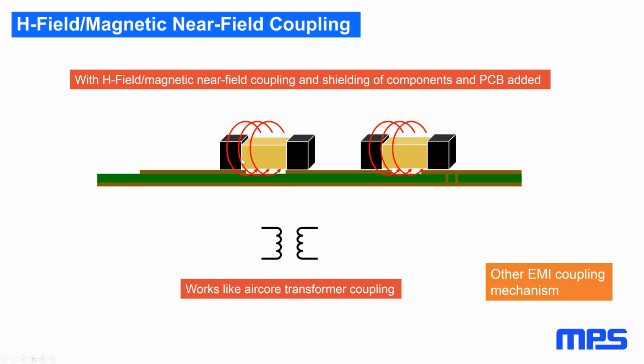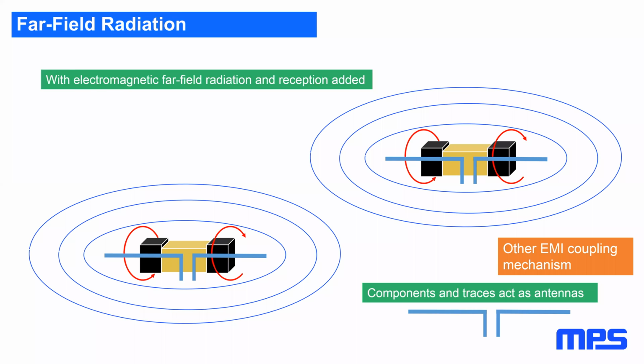So special capacitors are pretty good magnetic radiators. And last but not least, you can directly radiate electromagnetically. If your components are of a size in the order of the wavelengths, then they can radiate pretty well.